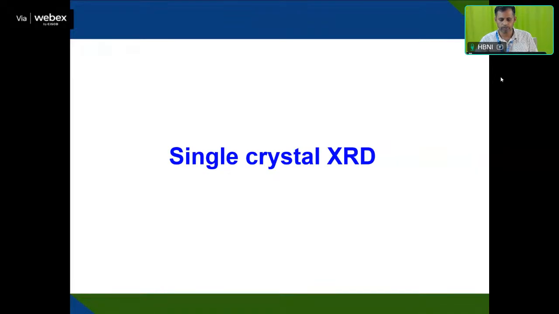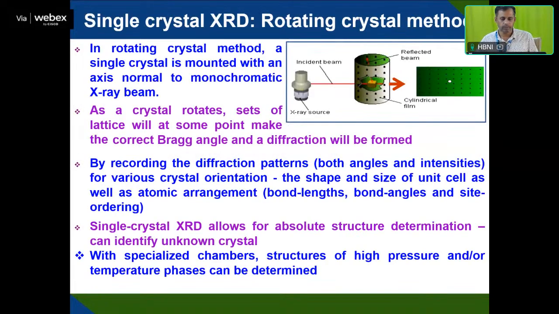Okay, first coming into single crystal XRD, it mainly uses a rotating crystal method. You can see this sample is mounted on a holder like this, and in the rotating single crystal method, a single crystal is mounted with an axis normal to the monochromatic light.